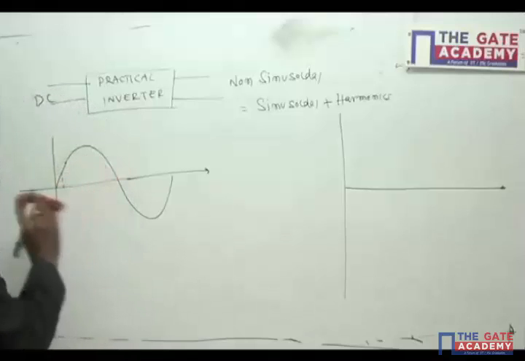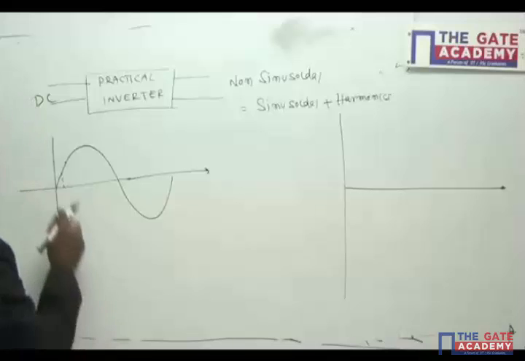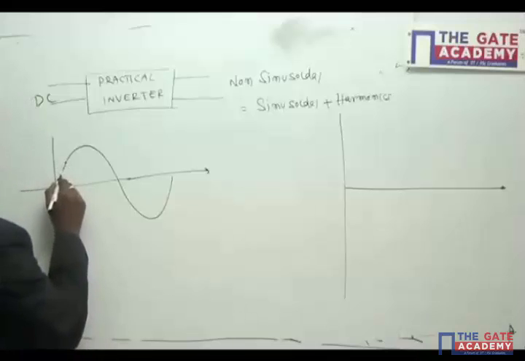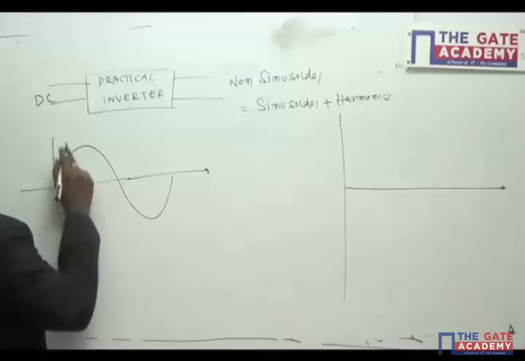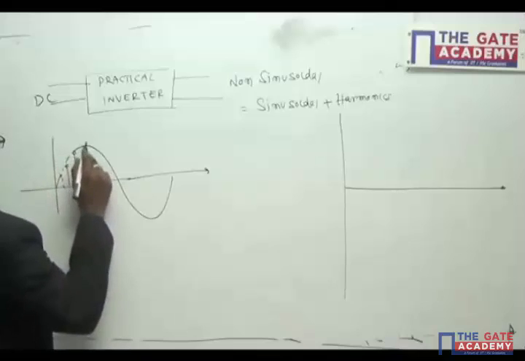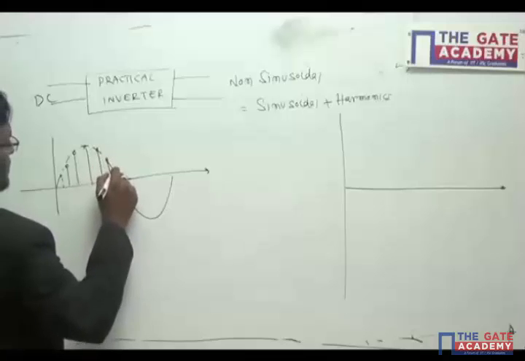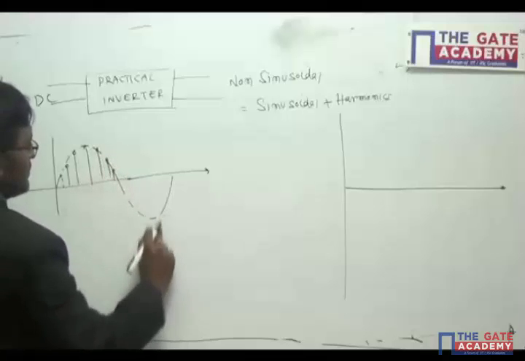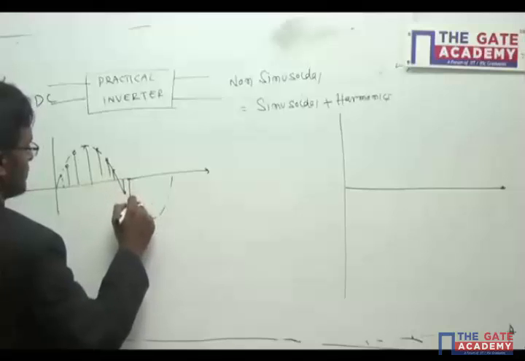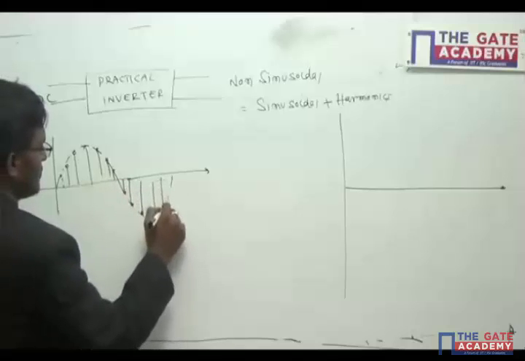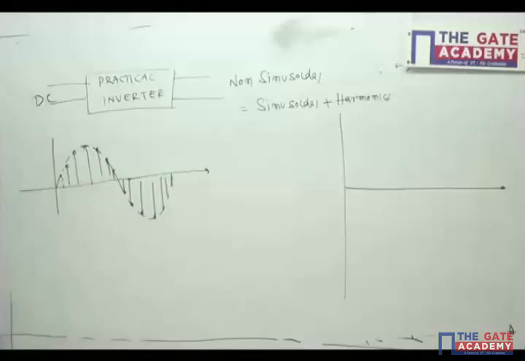This is continuous time, but if you see the discrete time, how does it look? This is the sinusoidal, right?